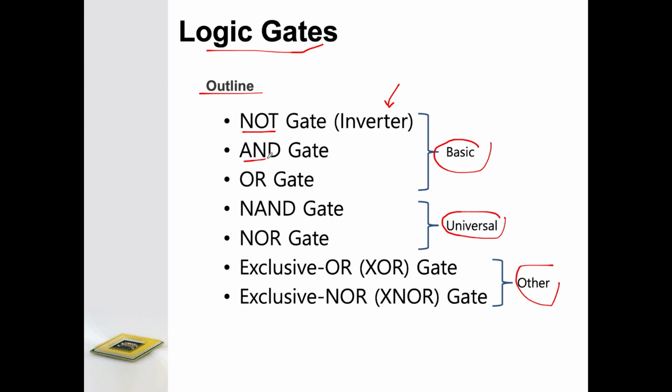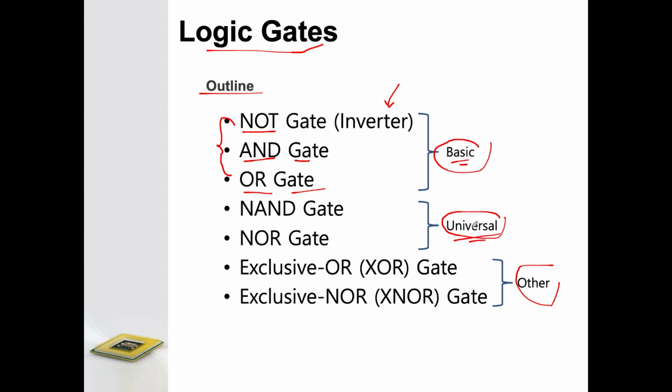And then you have the AND gate, and another one is the OR gate. So these three gates are the basic gates. You need to know the basics before you can go to the master level. And then there are the universal logic gates.